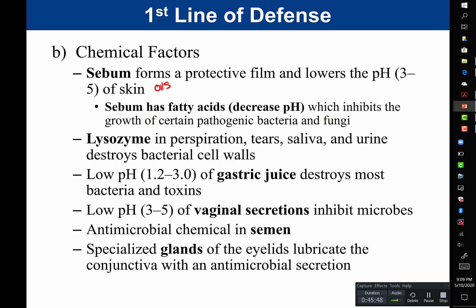There are antimicrobial chemicals in semen. We have specialized glands of the eyelid that lubricate the conjunctiva with an antimicrobial secretion.